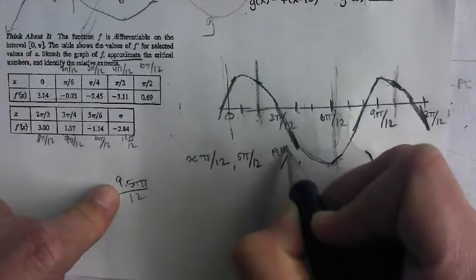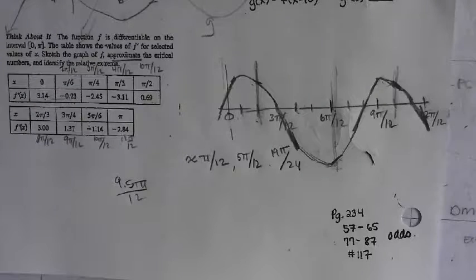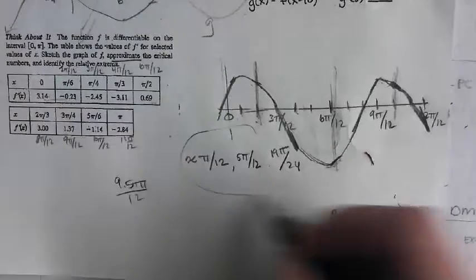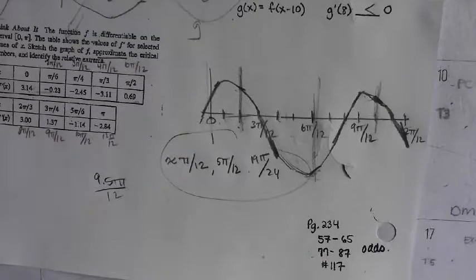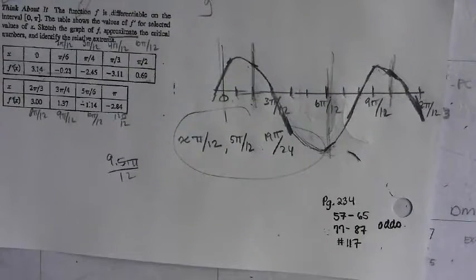A decimal within a fraction is a complex number. So anyway, that's just approximating, looking at positive to negative and wrapping your head around how a chart can show you all of that.